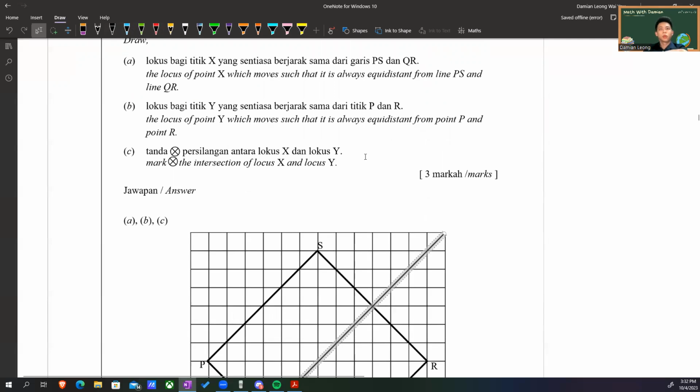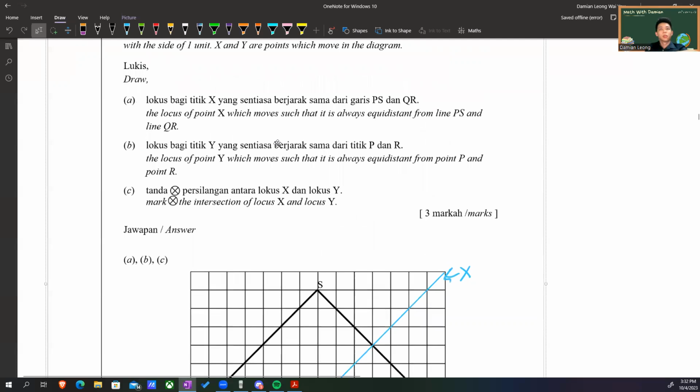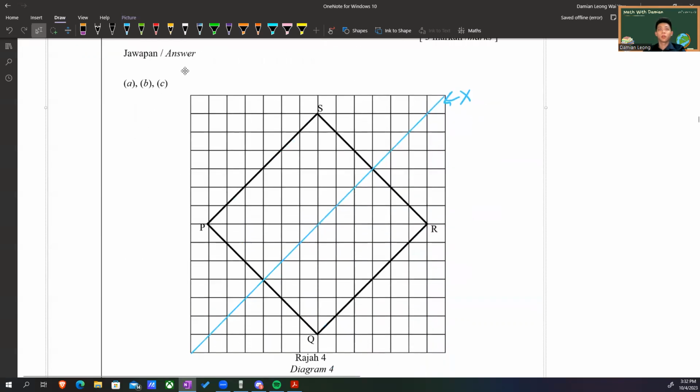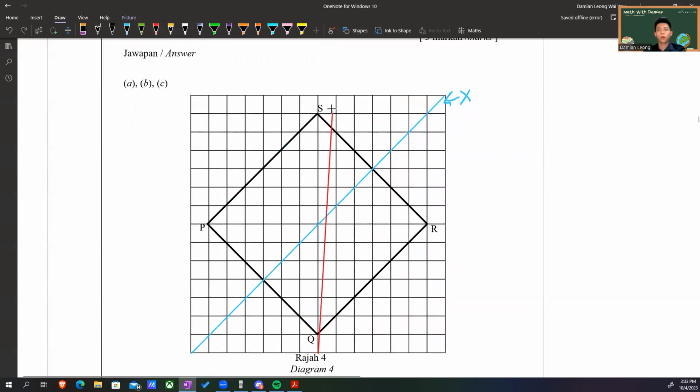Part B, locus of point Y. So this is the locus of X. Locus of Y is such that it is equidistant from point P and point R. So it is the perpendicular bisector of these 2 points, a vertical line right in the middle.